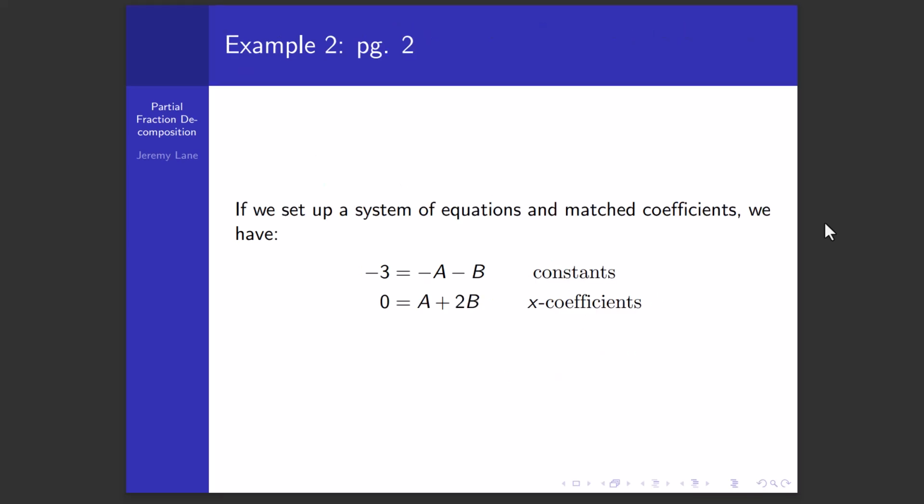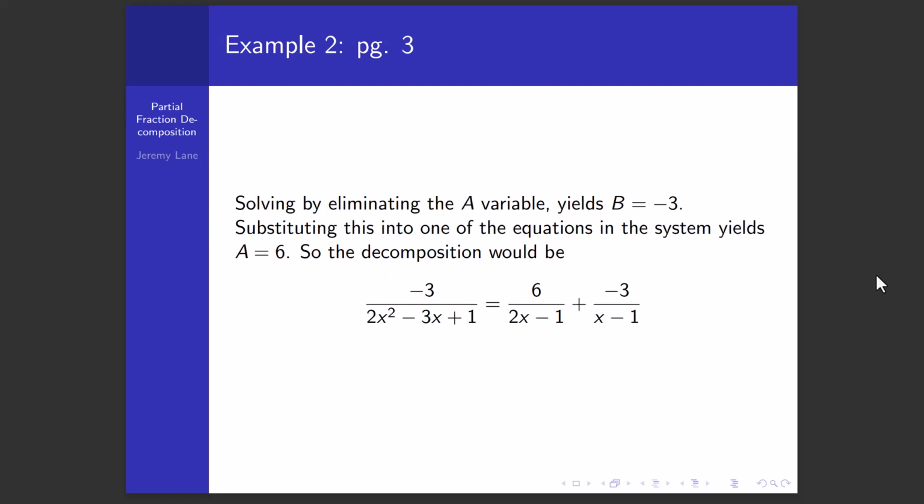In this case, we're going to set up a system of equations and match up the coefficients. Matching up the constants, we get -3 is equal to -a minus b. The x coefficients give us that 0 is equal to a plus 2b. So solving by eliminating a is going to yield that b is negative 3.